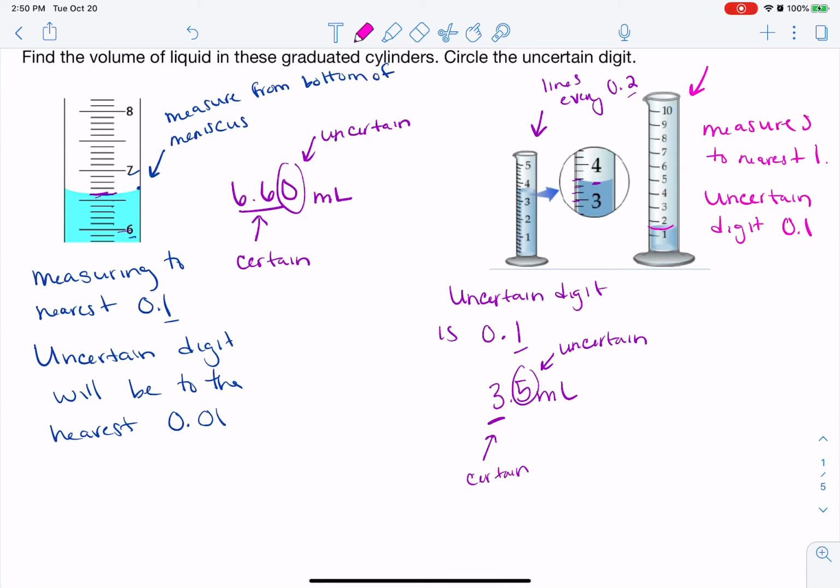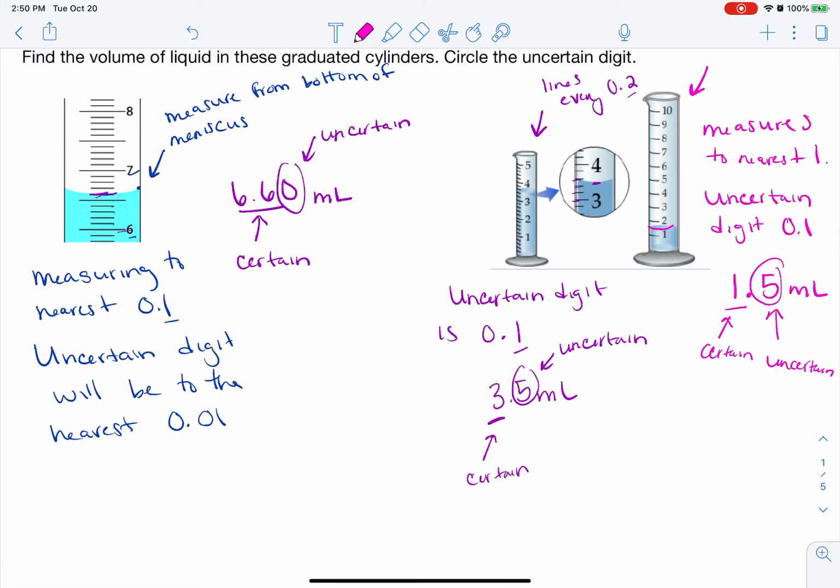I know it's between 1 and 2, so my measurement is going to be 1 point and then something. Let's say 5. Okay, and again, this 1 is my certain digit because I know it's above that 1, and this 0.5, this is my uncertain digit. Okay, because I know it's between 1 and 2, but I don't know what exactly that volume is.